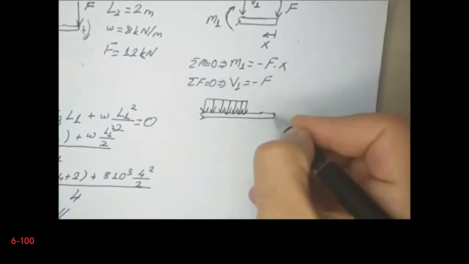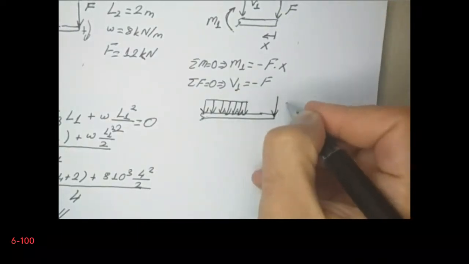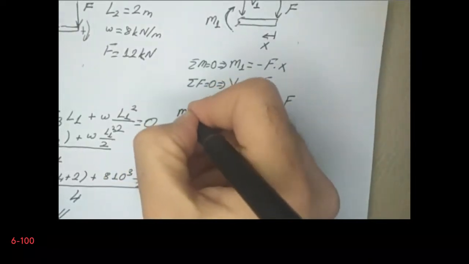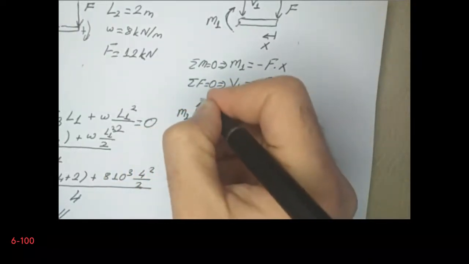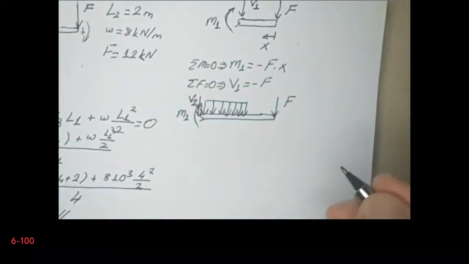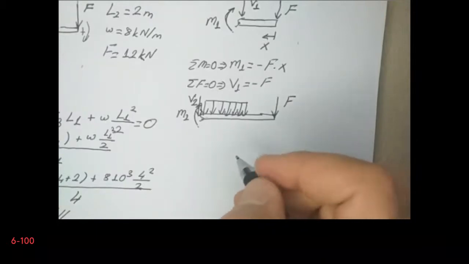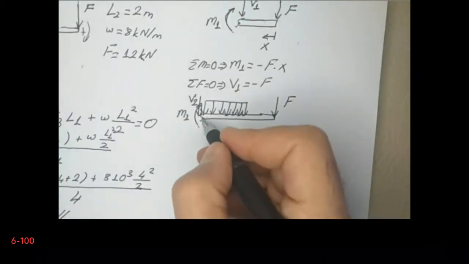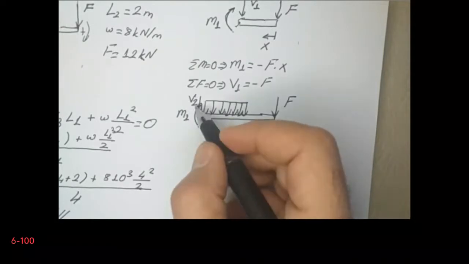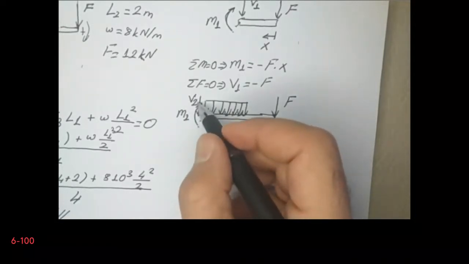I have my point load. I have my bending moment, and I have my shear force. Again, I will take the moment with respect to this point, with respect to the cut, in order to suppress the effect of shear force, because V2 will not generate any moment at this point.